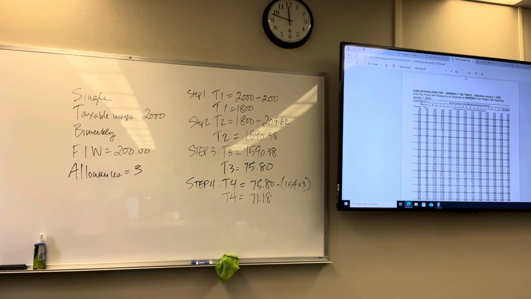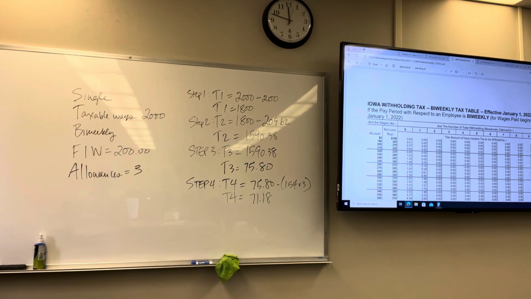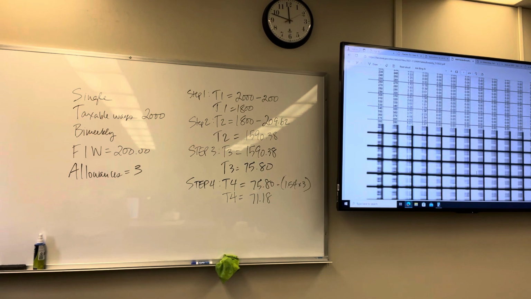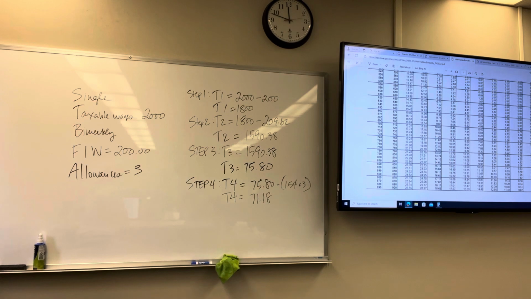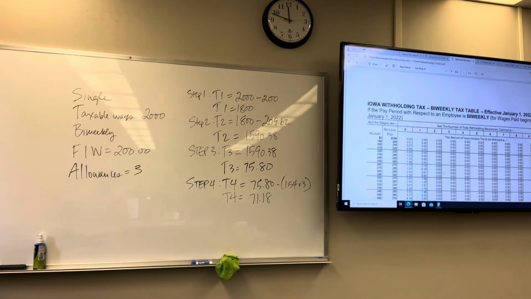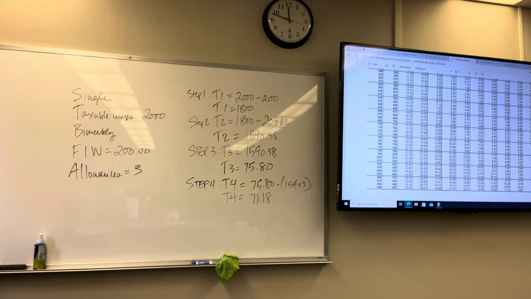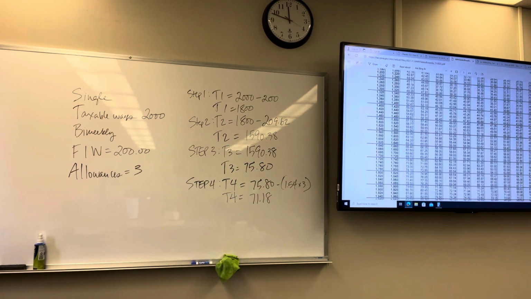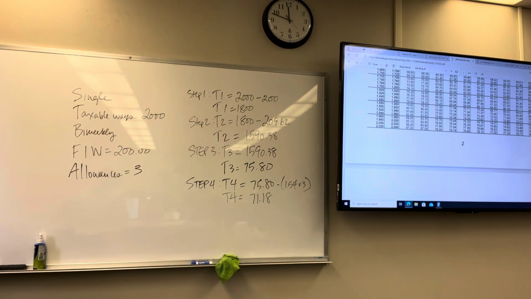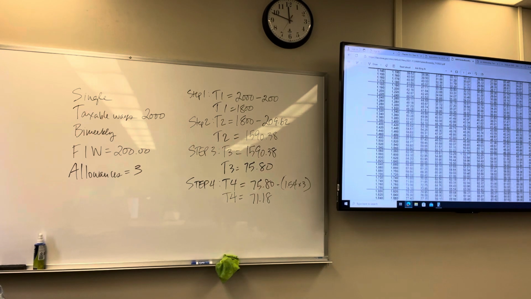Now here are the tables. This is for 2022. Again, same concept. So here we've got biweekly tables. Number of allowances, 3. Let's see if we're close here. So wages are 2,000. Let's see if it goes up to 2,000. Yep. With 3, it says 0, 1, 2, 3. Maybe 77.64. Oh, no. Right column.